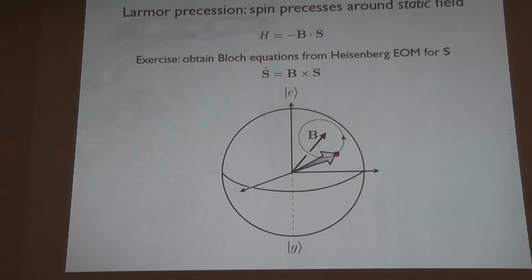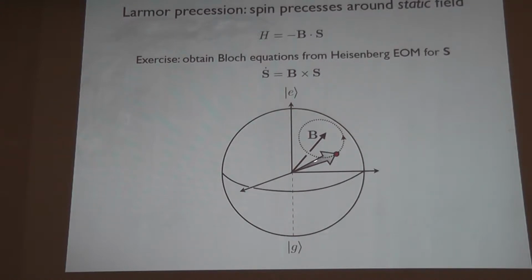Good, okay, so now in terms of dynamics, we also understand how spins evolve in the presence of a static field. So if I have the Hamiltonian minus v dot s, the equation of motion for the spin is just the Bloch equation, v cross s, which describes Larmor precession.